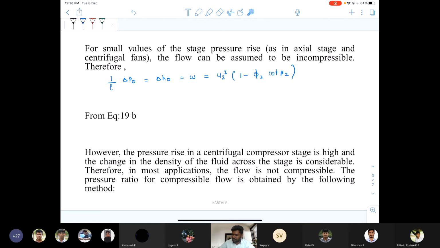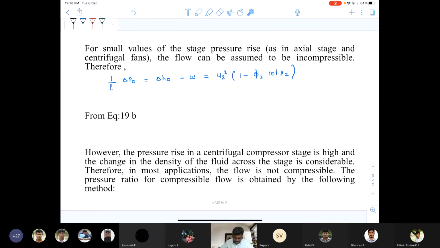This is the pressure ratio, and this is the change in static enthalpy. The change in static enthalpy is equal to the work done if we consider the initial and final kinetic energy to be negligible, so W is equal to the change in the static enthalpy.